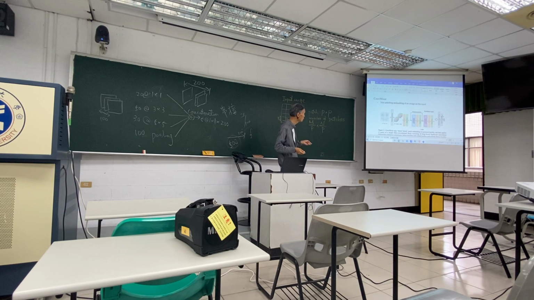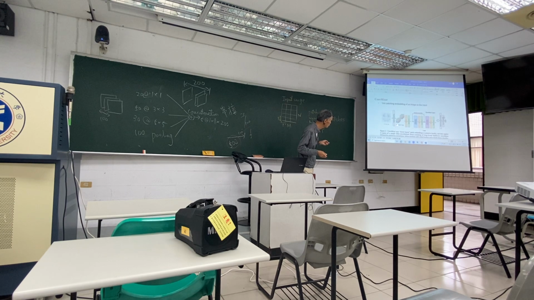But anyway, for this case, suppose the image size is N by N. Now you have C channels; suppose it is a color image, then C should be equal to 3. Now we can change the channel from C to H, depending on how many filters. H here will be the number of filters.